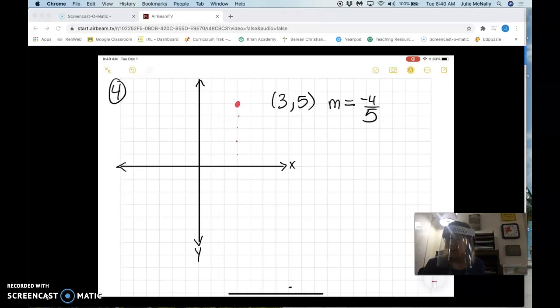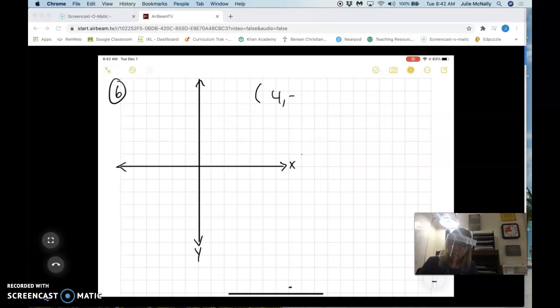And then +5, remember we always go to the right 5. 1, 2, 3, 4, 5. So there's my second point. And then I can just connect the dots. And that's the line of those coordinates and that slope.